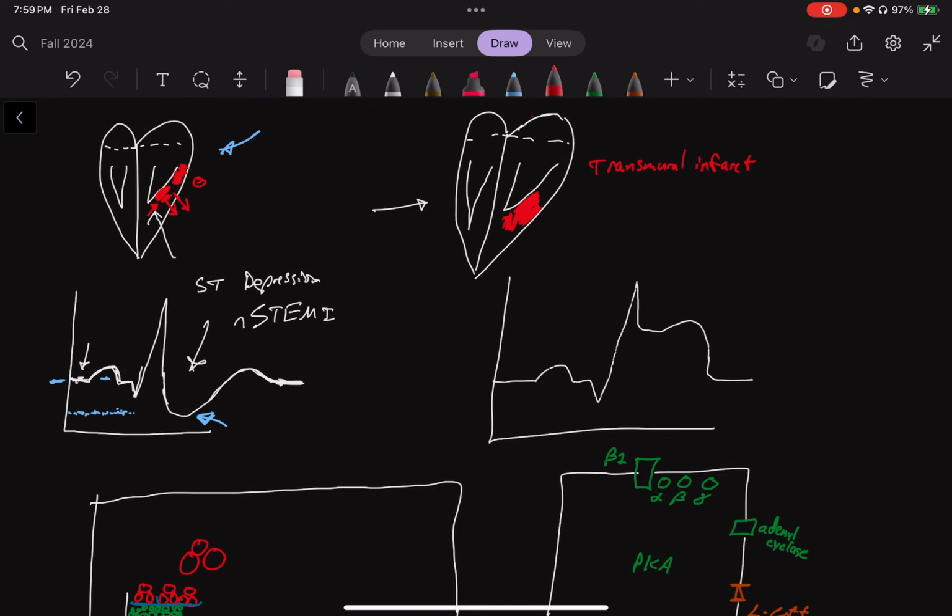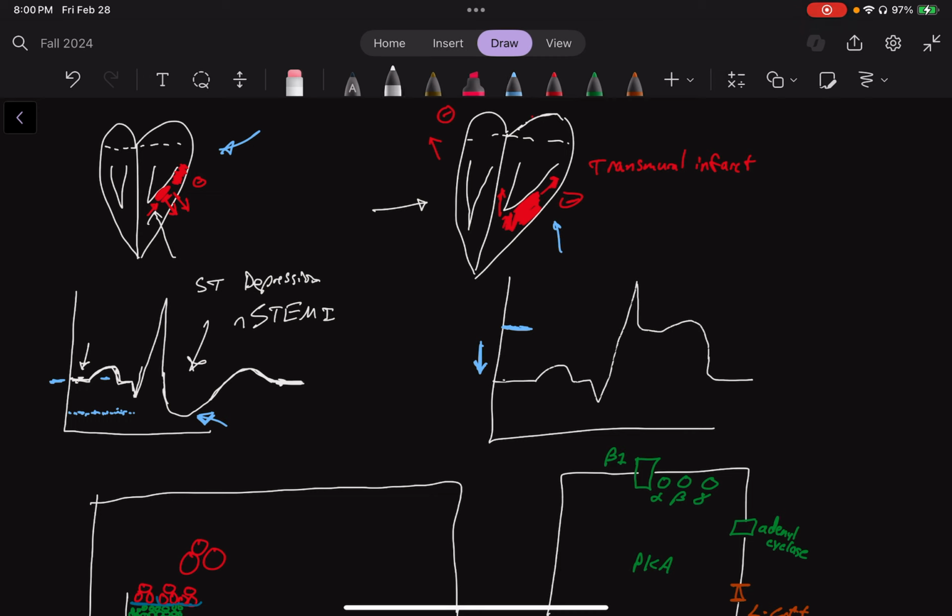And because it's the entire wall, the only way it really has to go is up. And so that will cause the isoelectric point to move down, right? Because this is a negative charge moving towards a negative charge. So instead of the isoelectric point being up here like normal, the EKG thinks that it's lower down because of this background current.